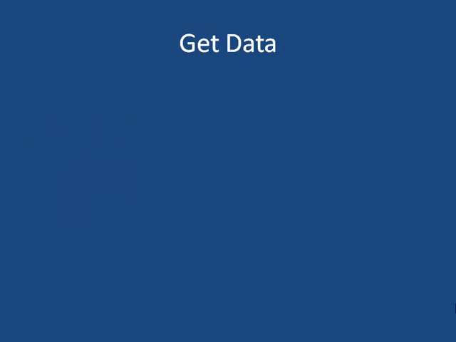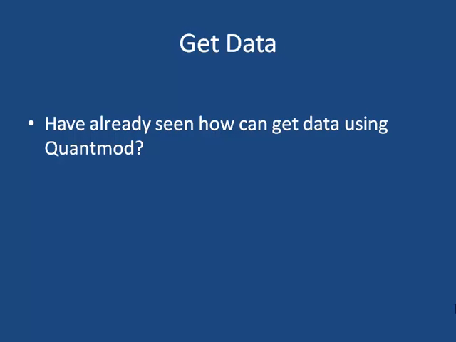So, step one, get data. Well, we've already seen how to get the data using Quantmod. There was a video on that earlier on, and you can just give it the name of a share, or I think it was the Yahoo name.